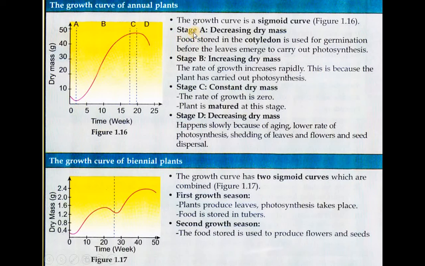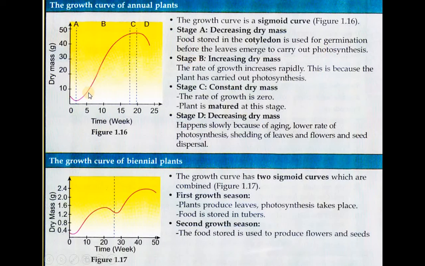We look at stage A. There are 4 stages here: A, B, C, and D. Stage A, decreasing dry mass. Food stored in the cotyledon is used for germination before the leaf emerges to carry out photosynthesis.